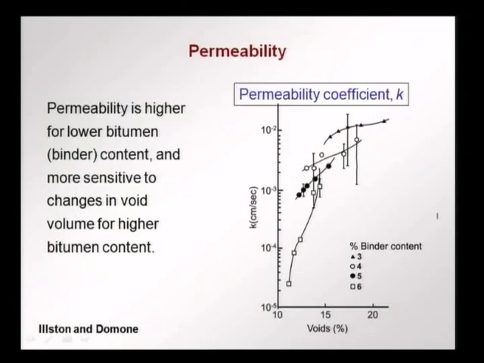So, more binder means there is more of a possibility of water going through. Even though the voids are all filled up, there could be some paths for the water to move into the asphalt concrete, and this is facilitated by a higher void ratio, higher amount of space between the aggregates.